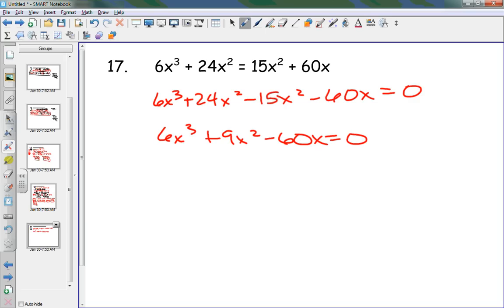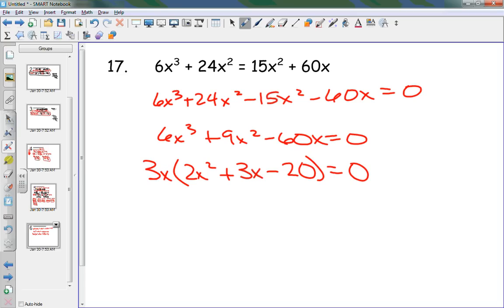Now, do I have a GCF? Yeah. What is it? Yes, so 3x. So if I pull out 3x, that's going to give me 2x squared. Now what?